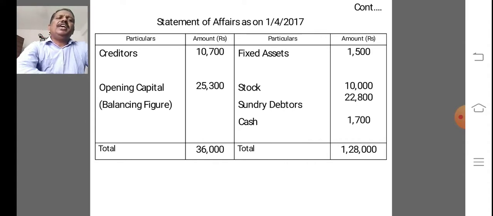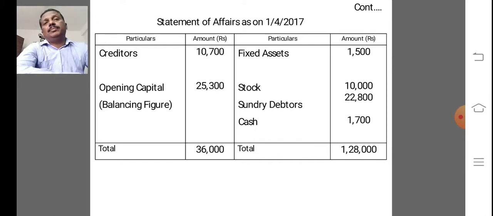On the asset side, fixed assets 1,500, stock 10,000, sundry debtors 22,800, cash 1,700.